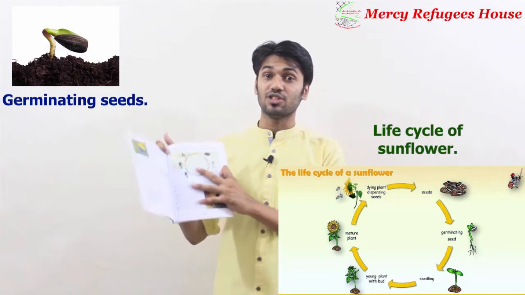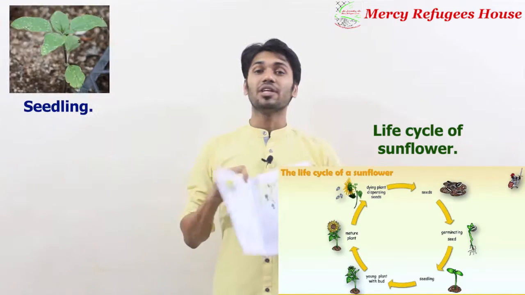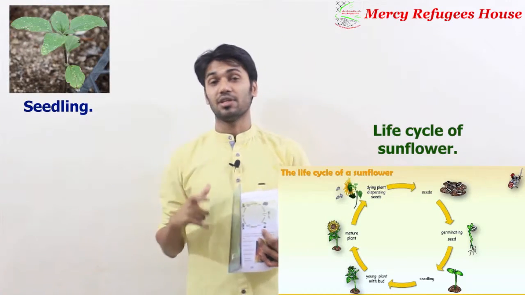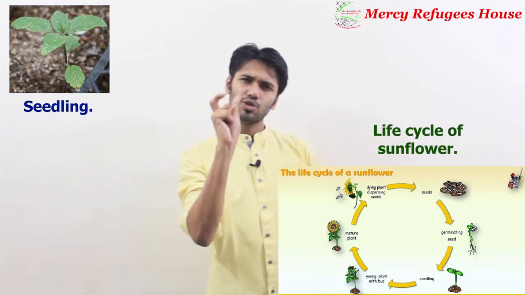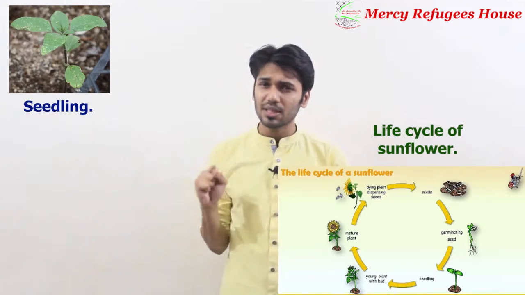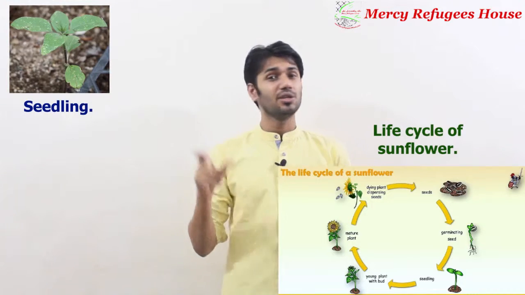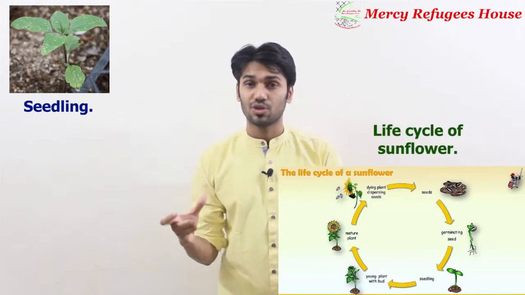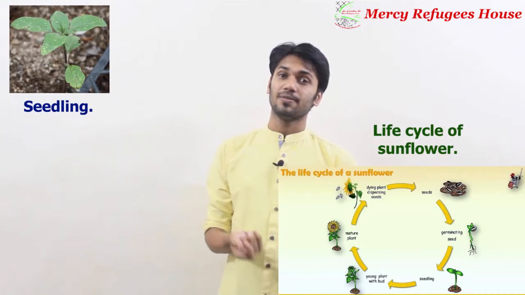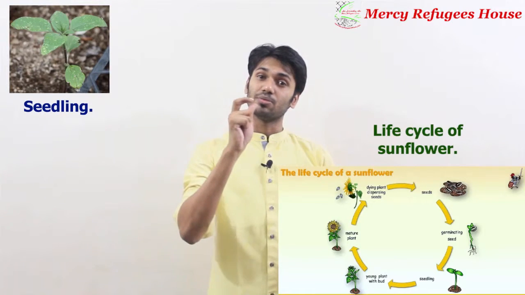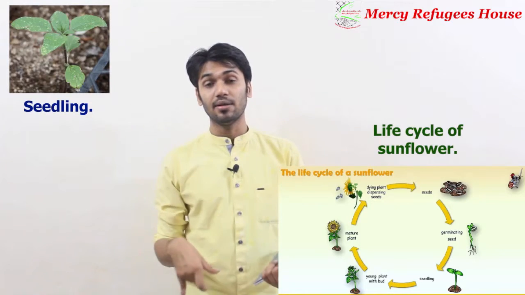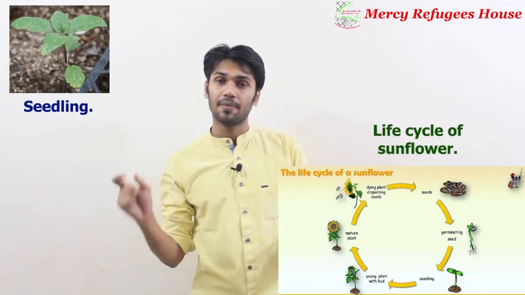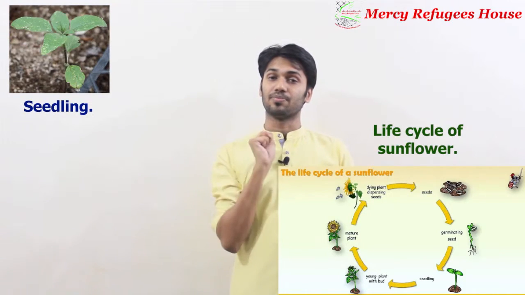After the germinating seed stage, we get the seedling. The seedling has only 2 leaves. How many leaves? 2 leaves. If you watch a plant growing, it starts from the seed, becomes the germinating seed, and then gets 2 leaves.